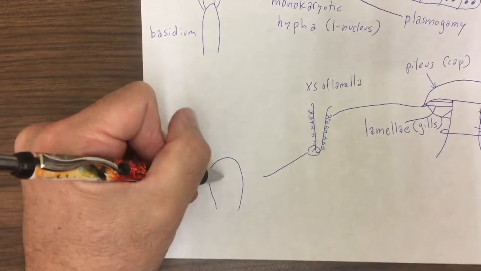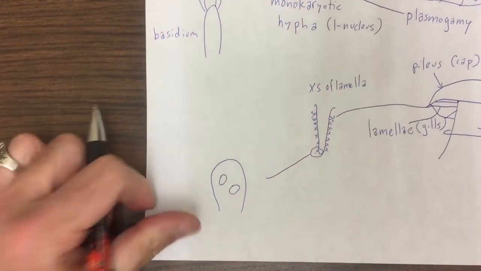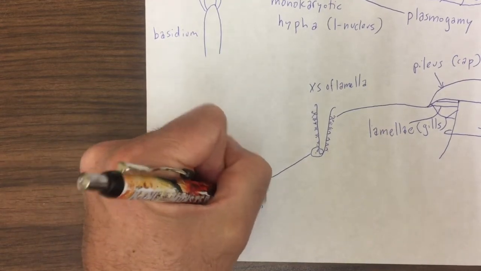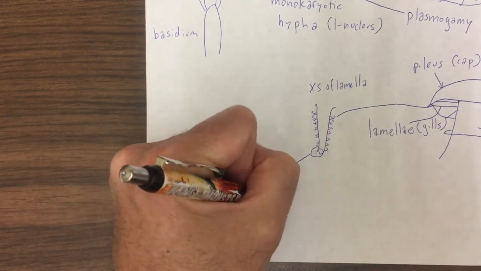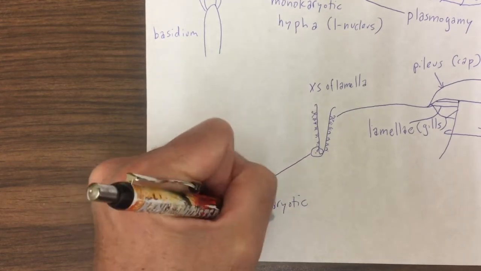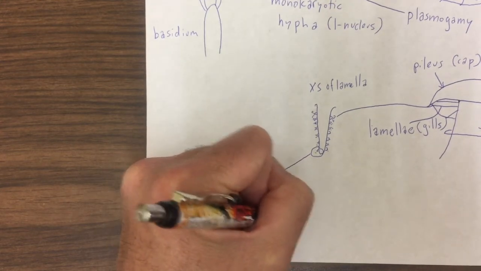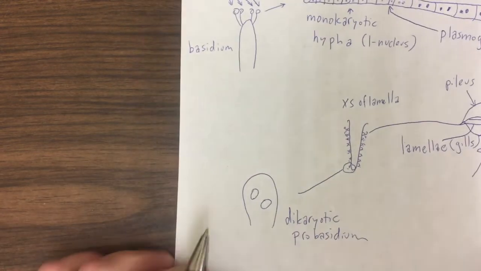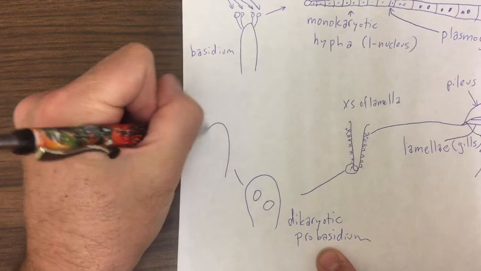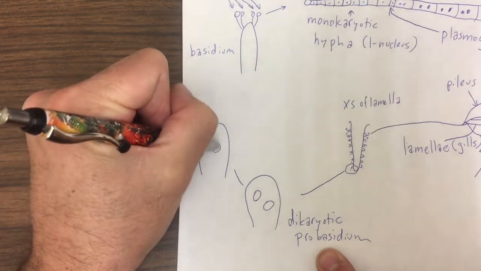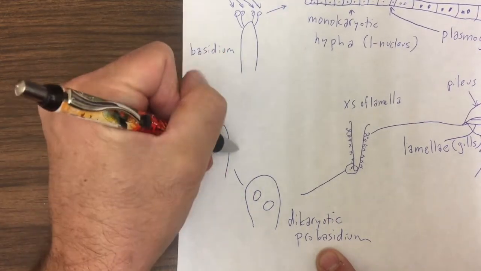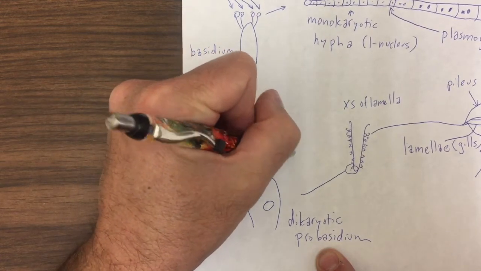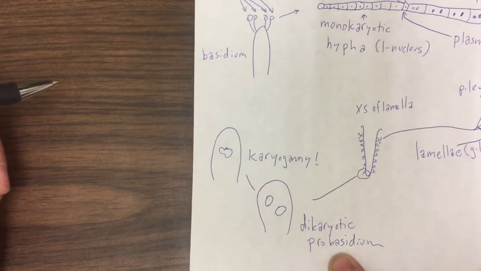before we have a full basidium, we'd see that we've got a dikaryotic probasidium, and what happens next is those two nuclei fuse, so karyogamy is going to happen.